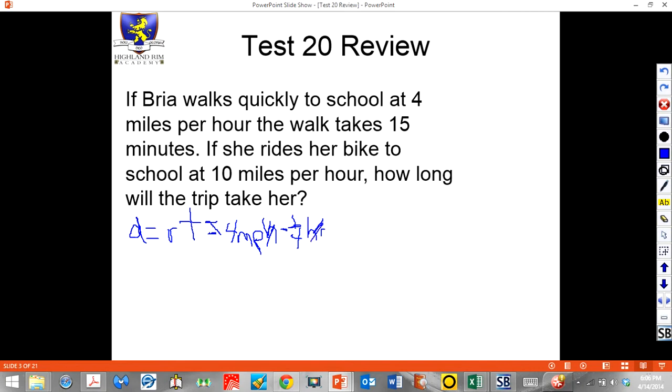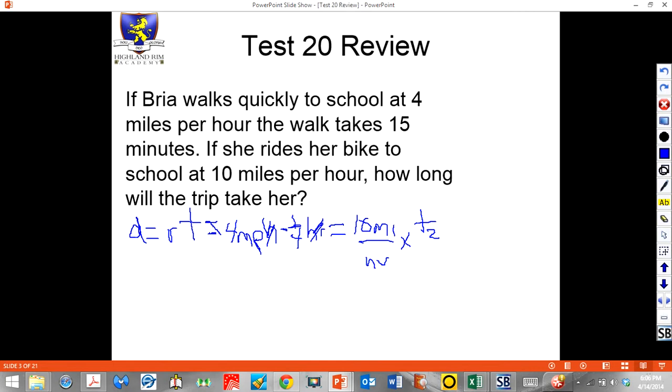We'll say that 4 miles per hour times 1/4 hour is equal to 10 miles per hour times T2, and T2 is going to be in hours.